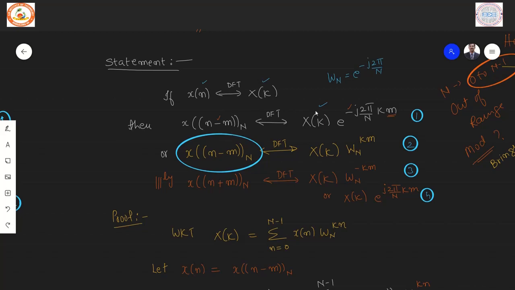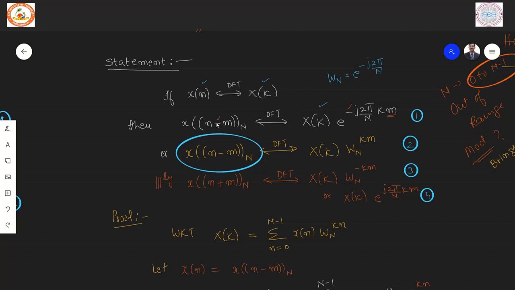Now what happens in the frequency domain? Its DFT is nothing but x of k times e to the power of minus j2 pi by N times km. If you look at the expressions on both sides, the negative sign may be assumed to be performing a right shift operation.